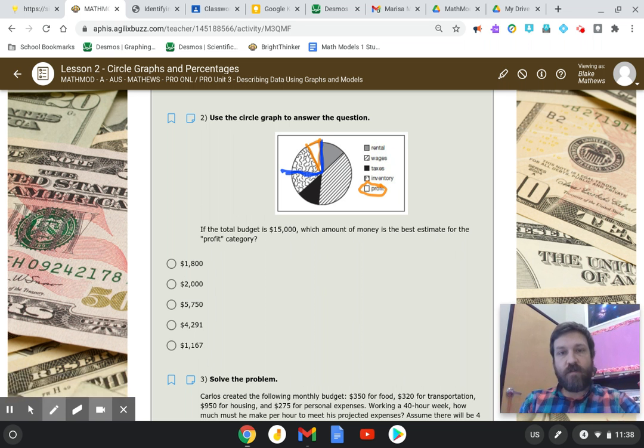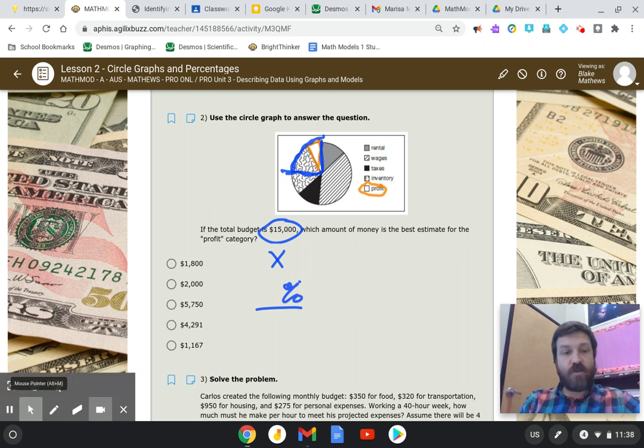If this blue section is 25, obviously it's less than that. You just decide, is it 10, 12, 15? Pick one of those numbers, multiply it, and see which answer choice seems closest. I'll let you do the rest of that. Again, you're multiplying that total times the decimal form of the percentage that you get.